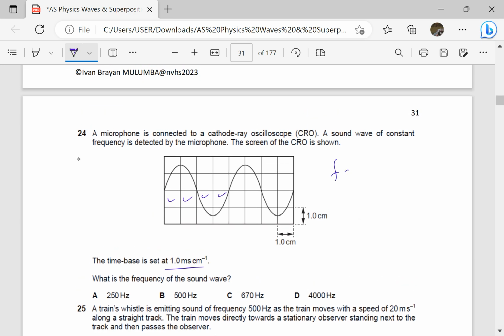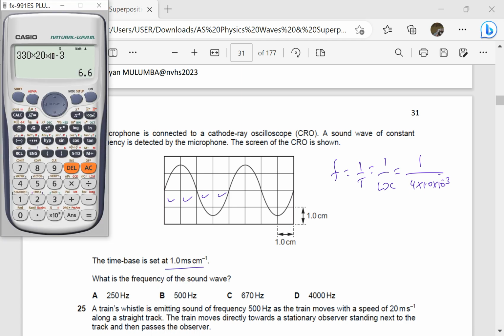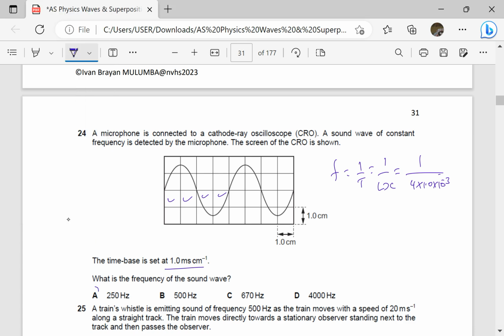So frequency is equal to 1 over period, which is 1 over the length of one cycle, 4 centimeters, times the time base setting, 1.0 times 10 power negative 3. So we have 1 divided by 4 exponent negative 3, which gives us 250. So the answer is A.